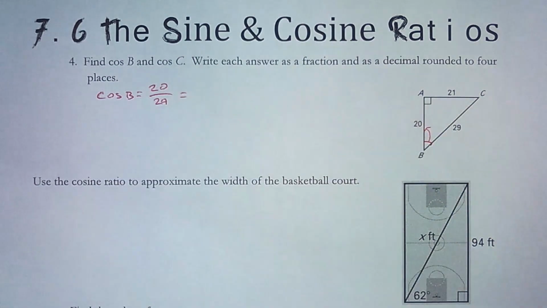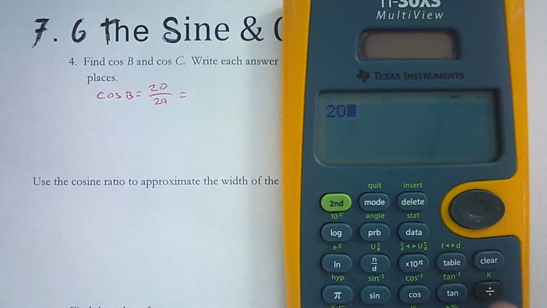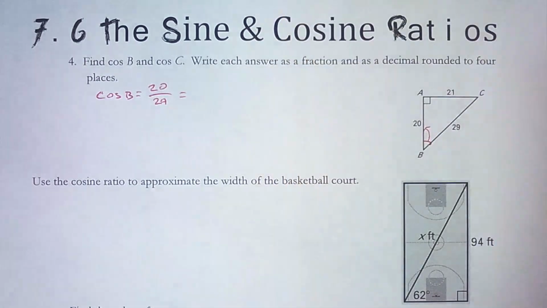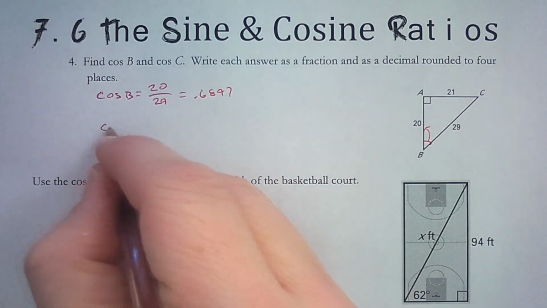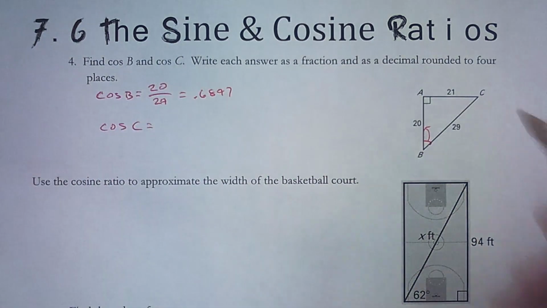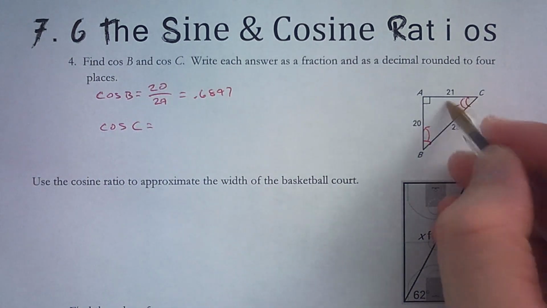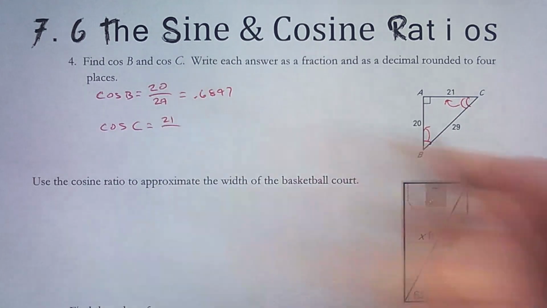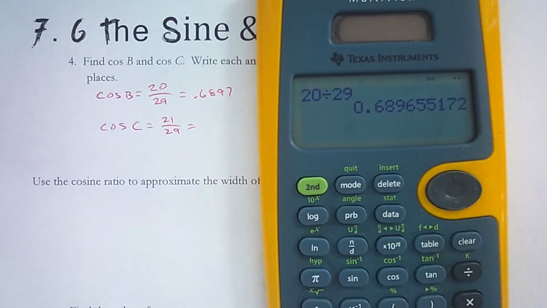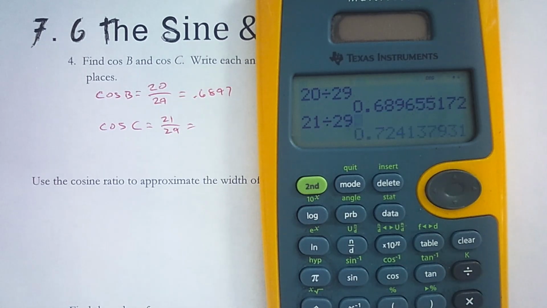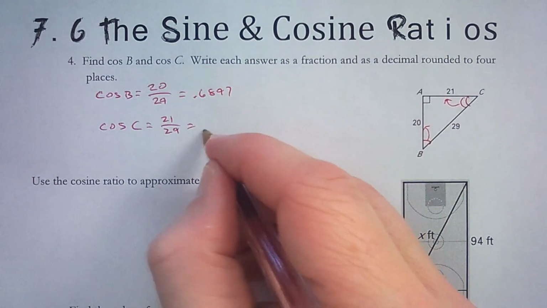Adjacent leg over hypotenuse, so 20 over 29 is 0.6897. And then cosine C, here's C, the adjacent leg is 21, and the hypotenuse is 29. 21 divided by 29 is 0.7241.